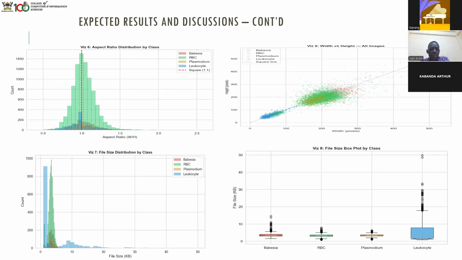Then we had the aspect ratio distribution, and also the variation of the width versus height. All these aspects we had to explore so that we can come up with a strong pipeline with few or no outliers.